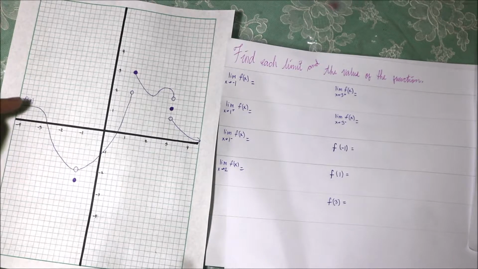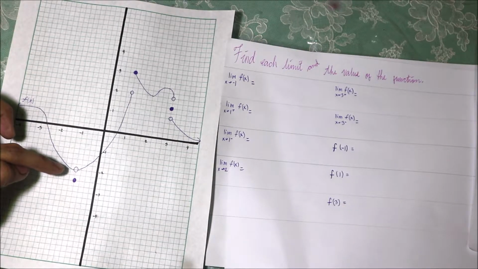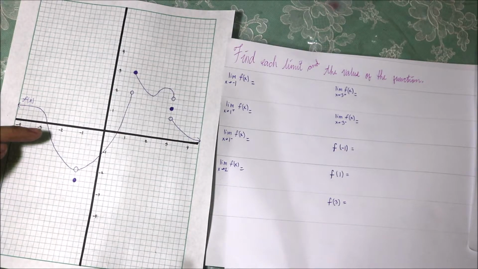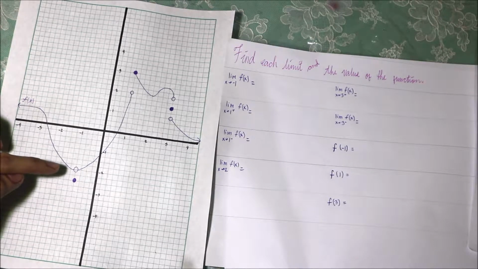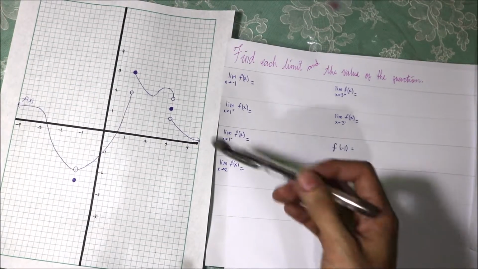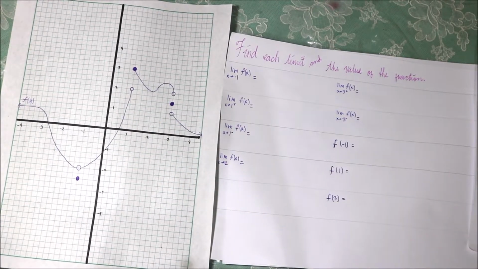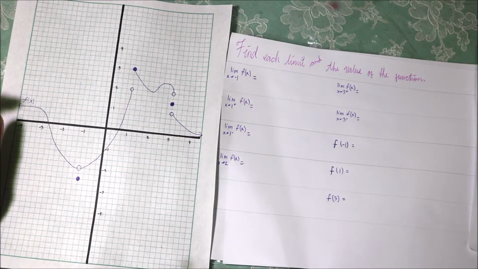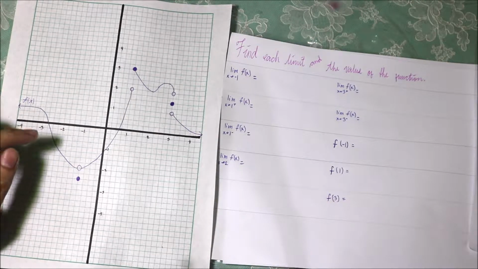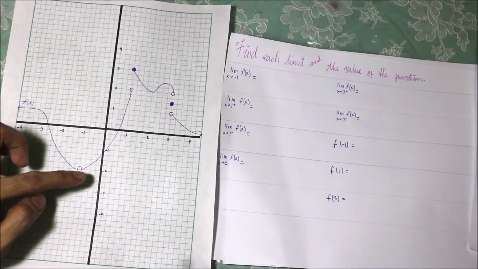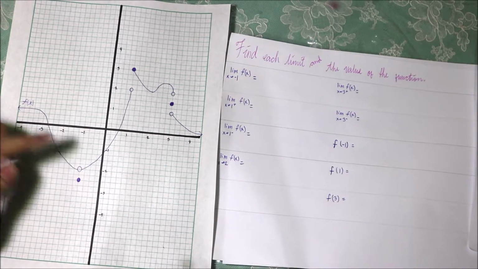If you start all the way over here at the left-hand side and run your finger along the graph, and you get close to the point x equals negative 1, no matter which direction you approach from, the left-hand side or the right-hand side, you're right at this point right here. And if we come across to the y-axis, this point is y equals negative 2, which means the limit of the function at that point is going to be negative 2.